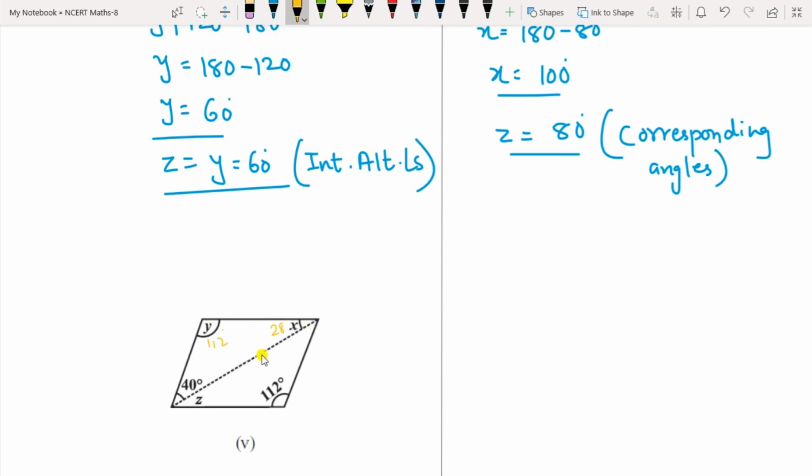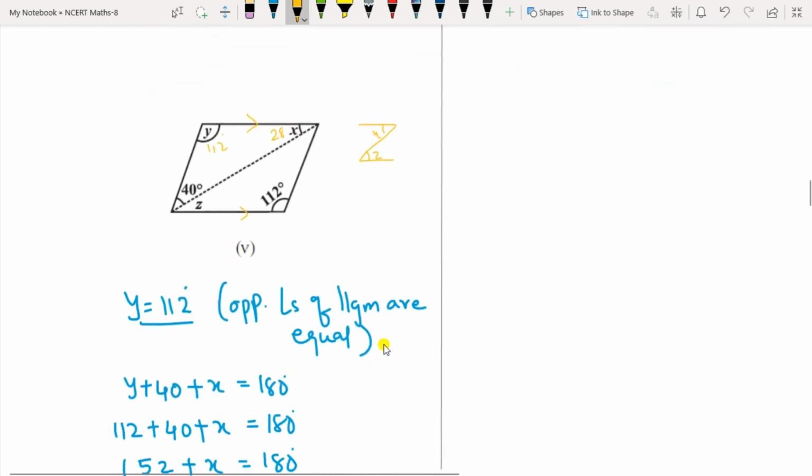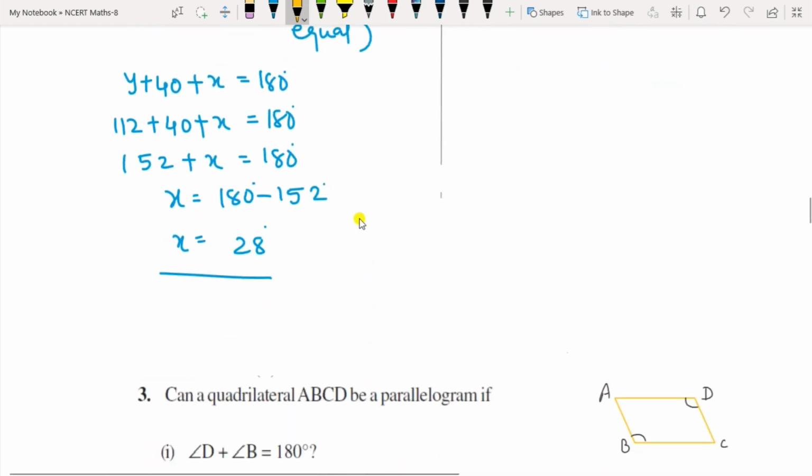Okay, now you can see this becoming a Z here, as this is parallel to this, so it is of the form like this. So this is x and this is z, forming the shape of a Z. The shape of a Z gives interior alternate angles and they are equal. So x equal to z.